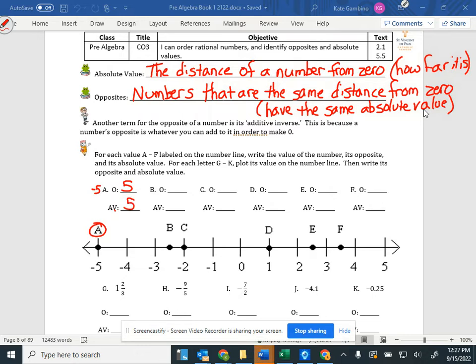Now, when you take the math test, you're going to see absolute value written in a different way. They might not say absolute value or AV. You're going to see a straight line, your number, and a straight line. Those two straight lines means absolute value. So when you see two straight lines, not parentheses, two straight lines, it means you need to take the absolute value of that number.